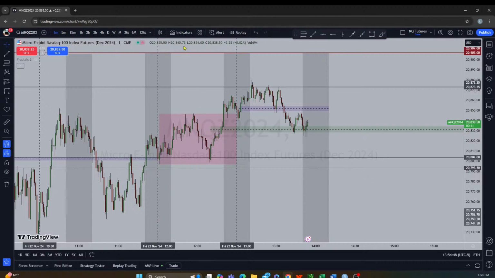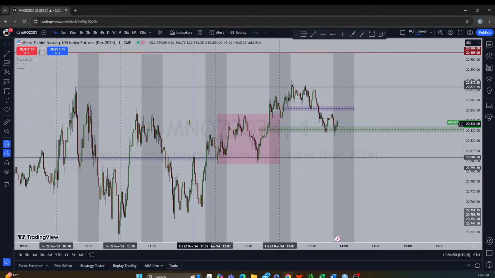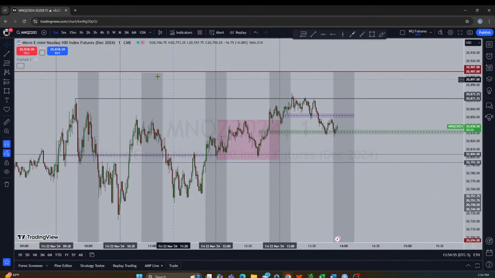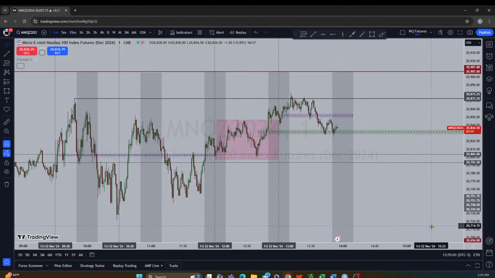This is just TradingView. It's my AMP live account. We have taken, this is the 150 macro that we're in currently. It's 1:55 p.m. New York time.